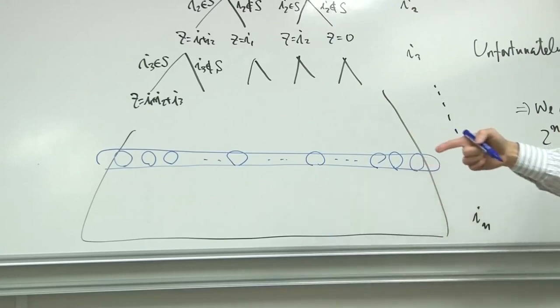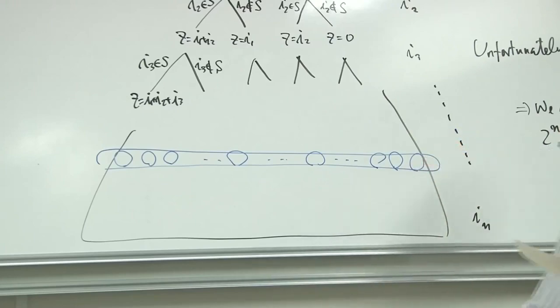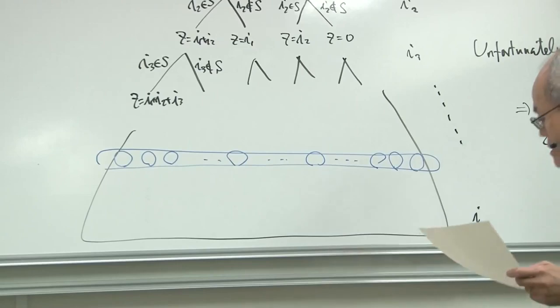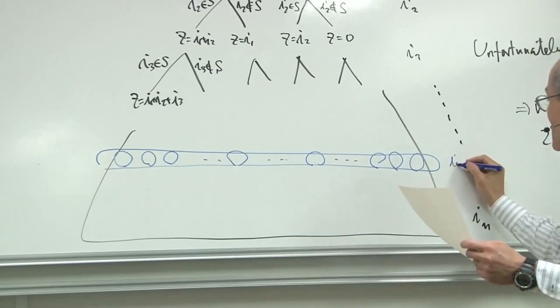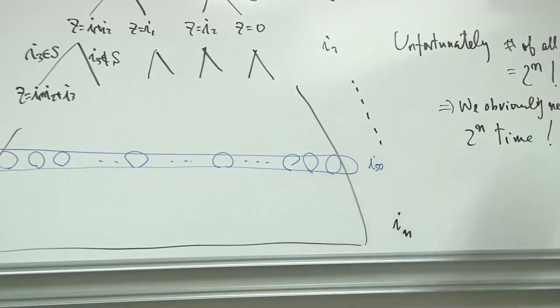Let's look at this level. This is, for example, I50. Okay.